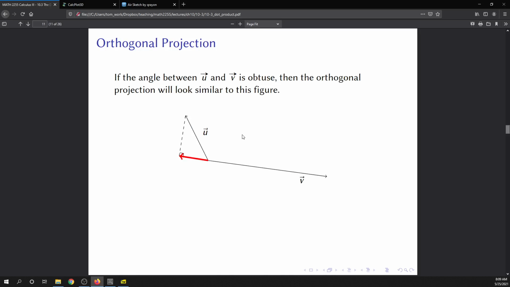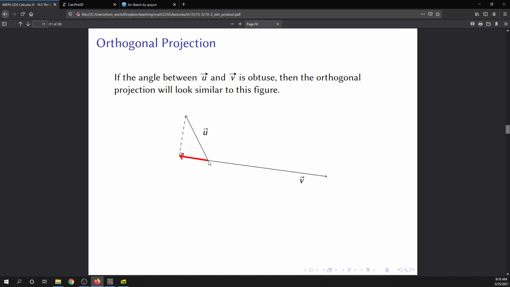And then the angle between the vectors u and v can be obtuse, so greater than 90 degrees. In that case, you'll have to extend the vector backwards a little bit. So there's a dotted line under here that you can't see. The vector v would start here, and then I drop the perpendicular down here.